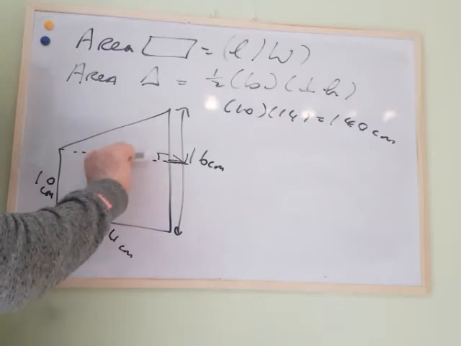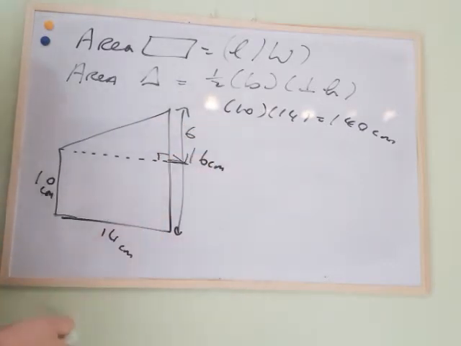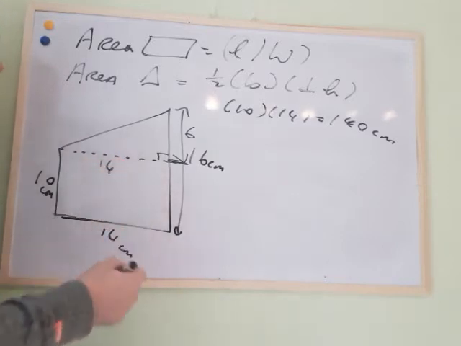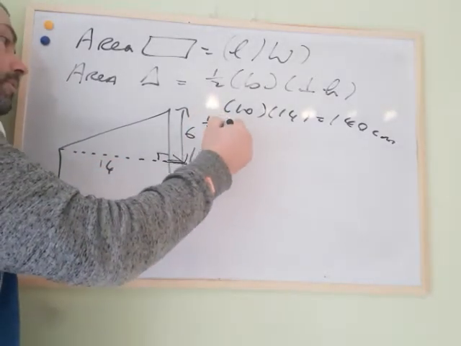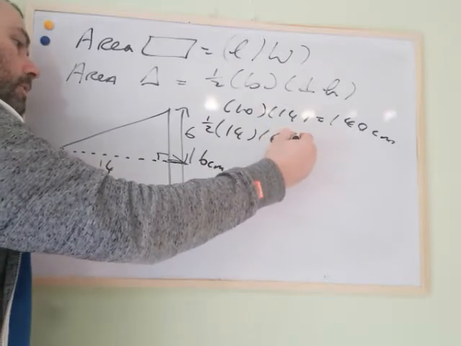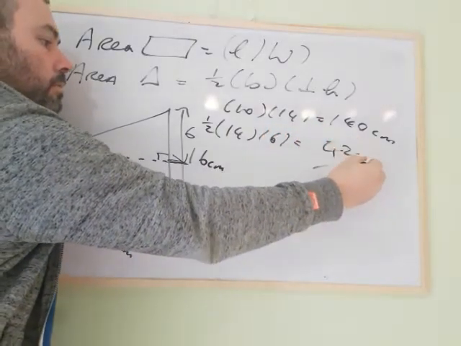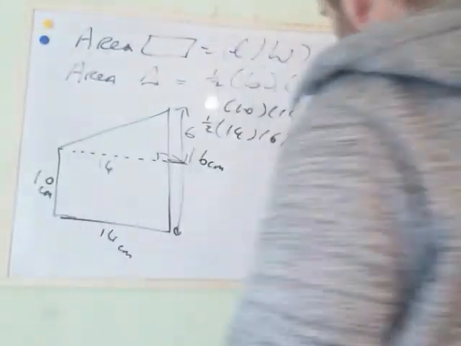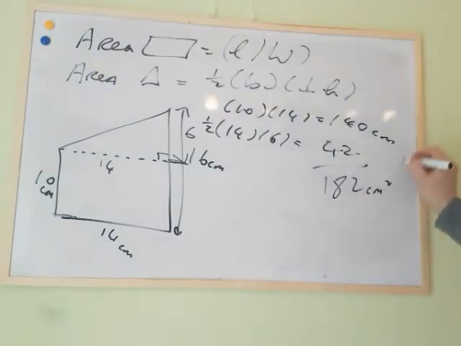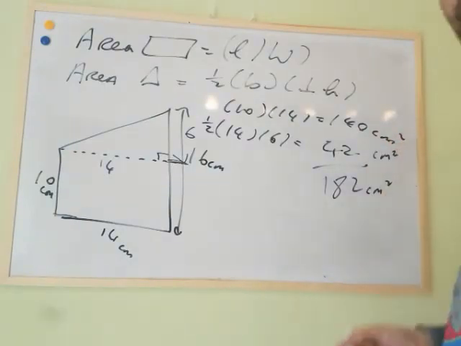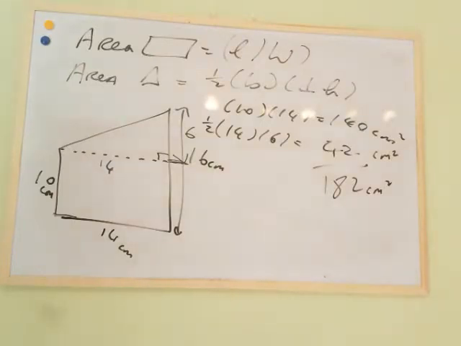If from here to here is 10, then from here to here is going to be 6. And now we have our dimensions. If this is 14, then this is 14. So it's going to be a half 14 by 6, 42. Which is 182 centimeters squared. Okay? And there you go.